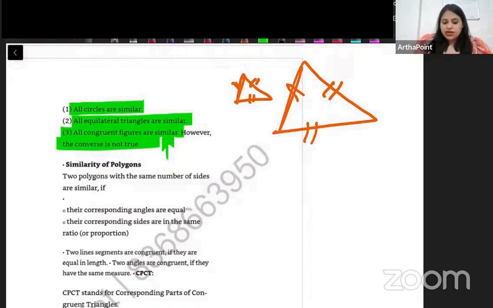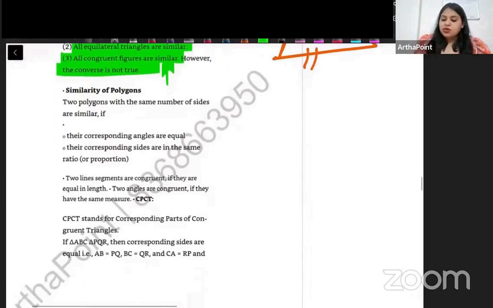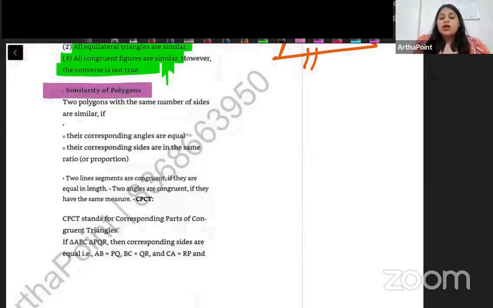This is necessary, right? Okay, beta, now come to the similarity of polygons. Two polygons with the same number of sides are similar if the following is satisfied.